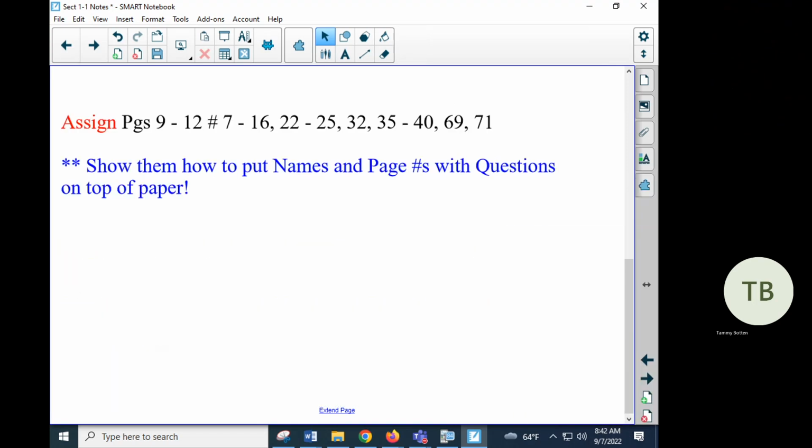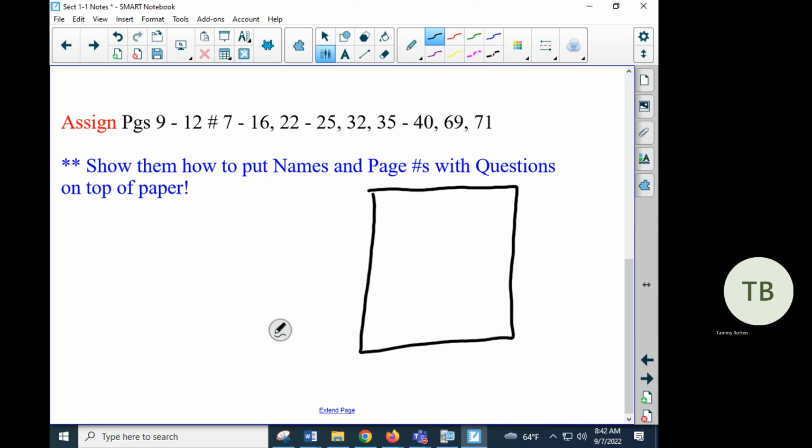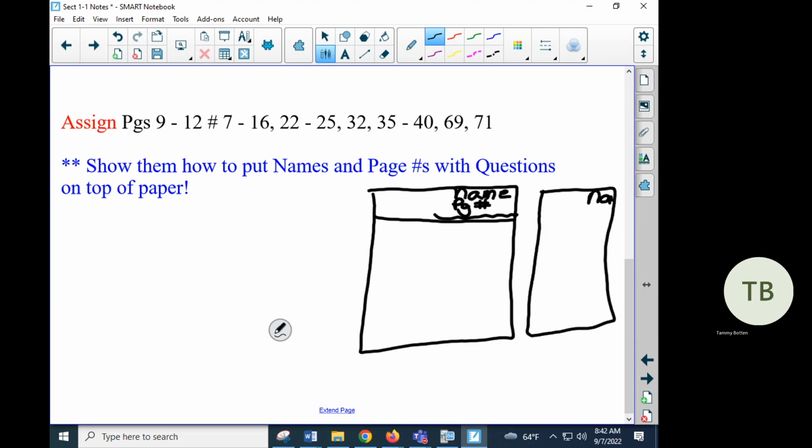Here is your assignment. Now, here's what I want you guys to do. When you have your notebook page, I want you to put your name up here in the corner. Always put the name up there. But you're either going to do the page numbers and the problems up in the corner, or you can put your name here, and then on that top line, do the pages and which numbers I assign.